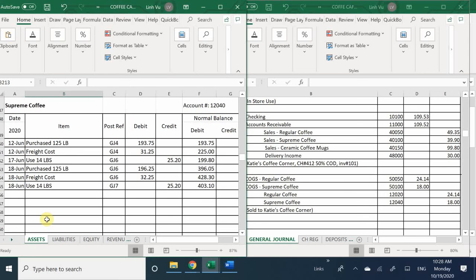Okay. So last one we got to do is update our Supreme coffee. So here, June 19th, we sold 10 pounds LBS. And general journal number 7. And how much of that did I sell? 18.